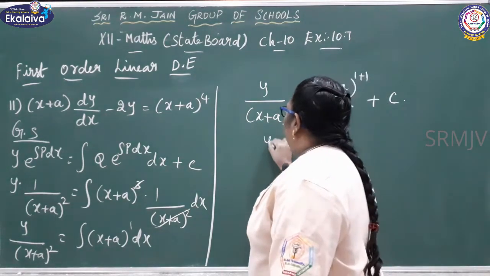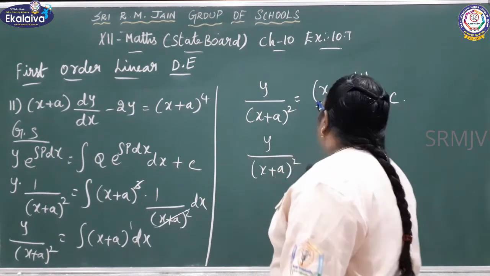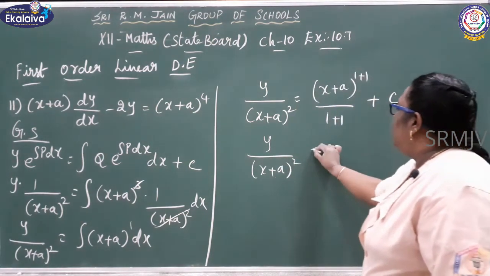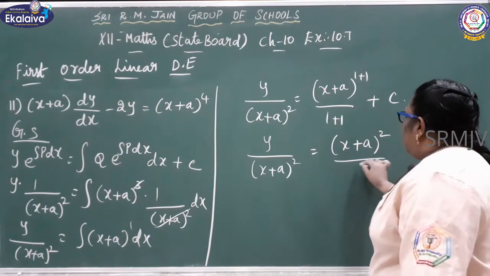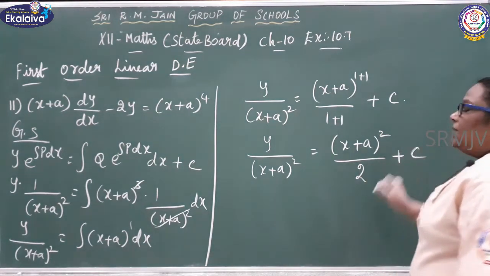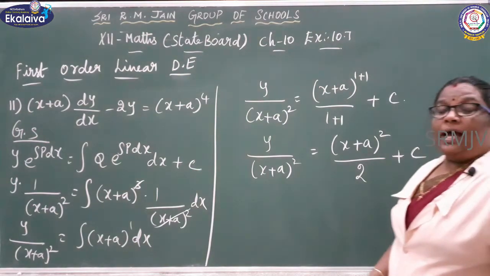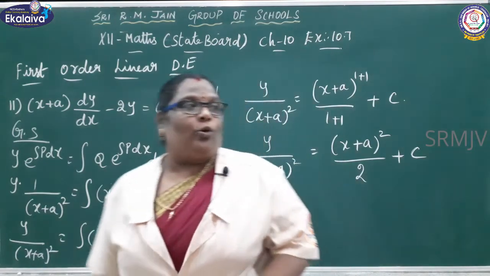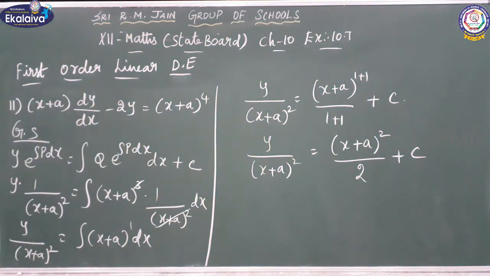So y by (x plus a) the whole square equals (x plus a) the whole square by 2 plus c, is the required solution.